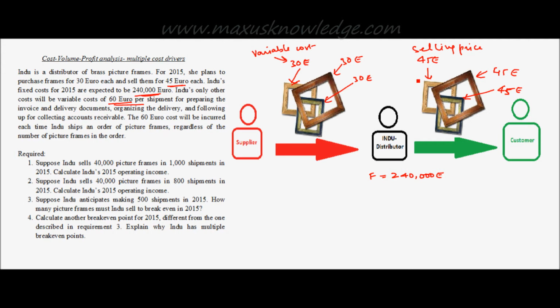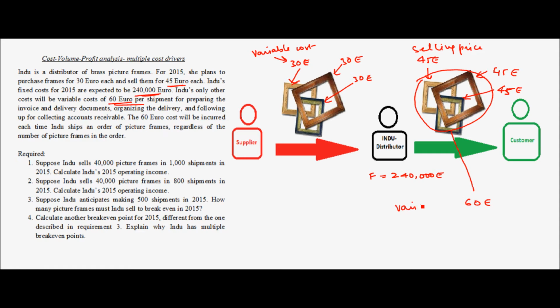So the truckload may have these 3 frames. The selling price of these 3 frames is €45 each. The variable cost of each frame is €30 each. But when it is bundled, this whole bundle may have a variable cost of €60 per shipment.